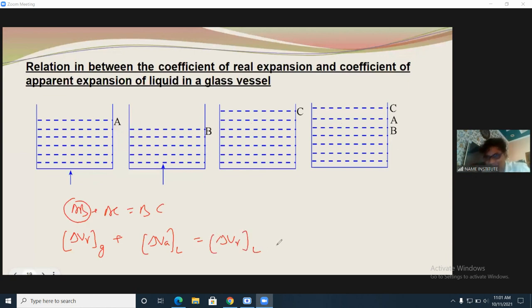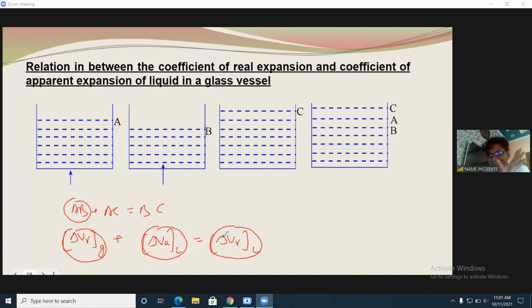So this is the real increase in volume of glass AB, AC is the apparent increase in volume of liquid, and this is the real increase in volume of liquid.